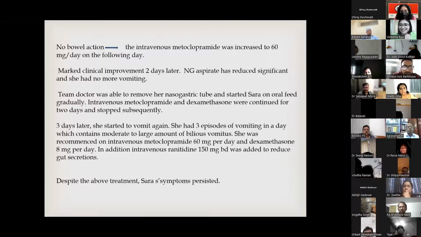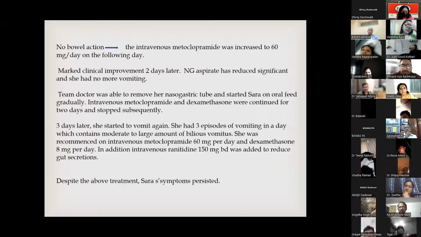Any suggestions? Rebound vomiting. Yeah, it should have been continued, right? The dose of the dexamethasone could have been tapered, and it could have been continued. And metoclopramide also, they could have tapered the dose, probably TID to BD, and then watched how things were going on.